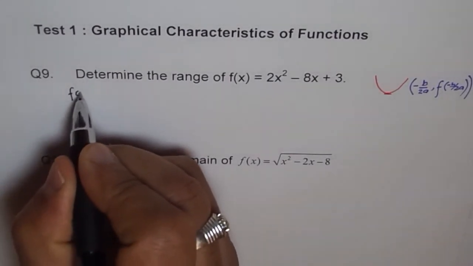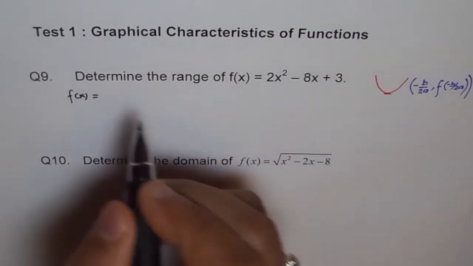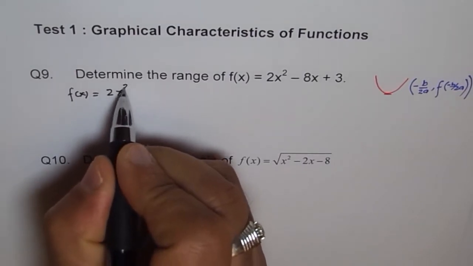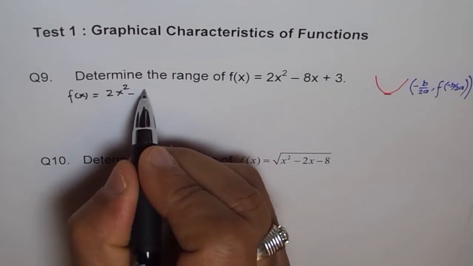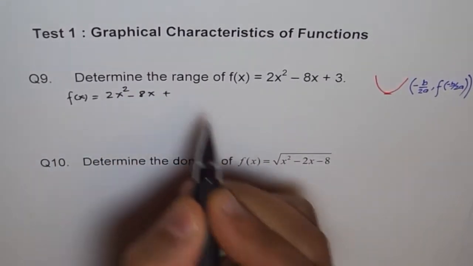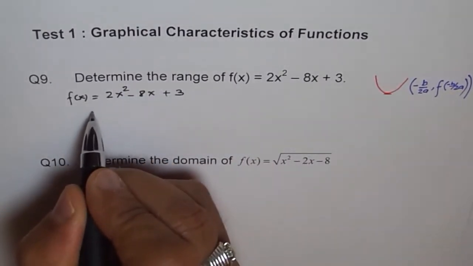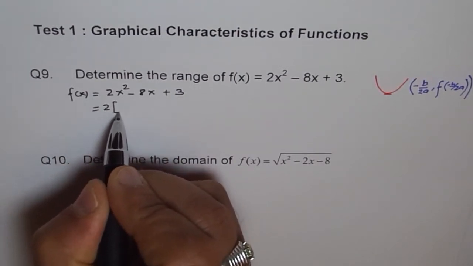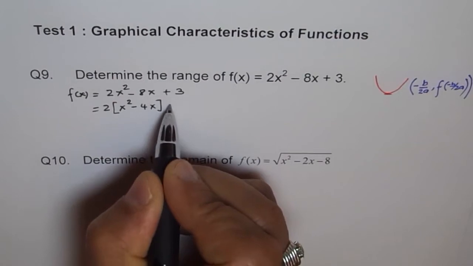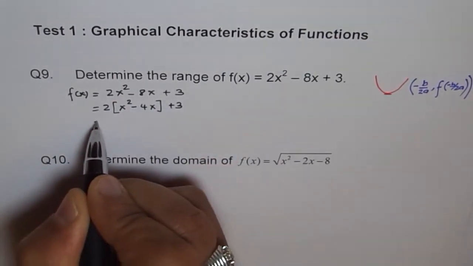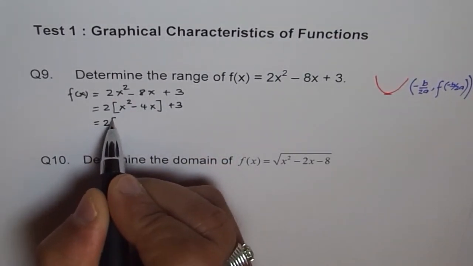So we have f of x equals 2x squared minus 8x plus 3. We factor out 2 here, and we are left with x squared minus 4x plus 3, and now we will take half of 4, right?